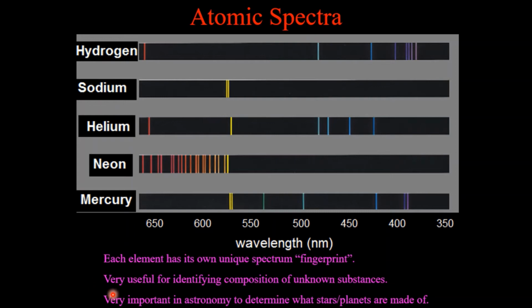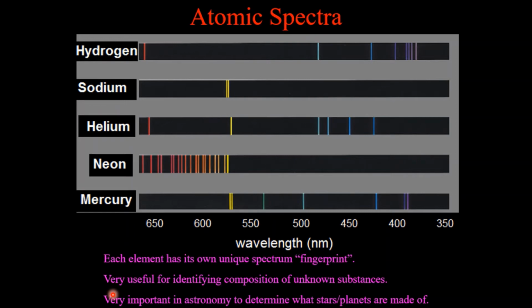And in astronomy, spectroscopy is extremely important because we can actually look at a distant star in a telescope and send that light from the telescope through a spectroscope or a spectrograph and analyze the spectrum of that star from a distance, and we can tell precisely what that star is made of.